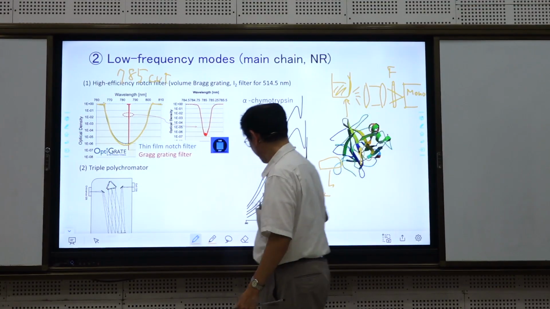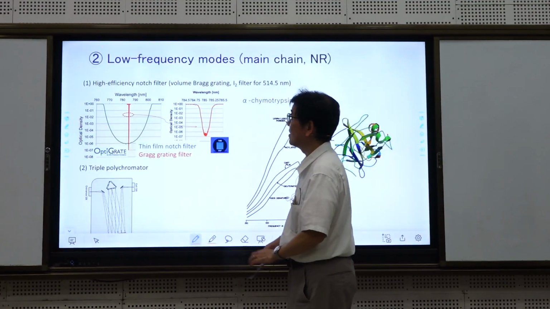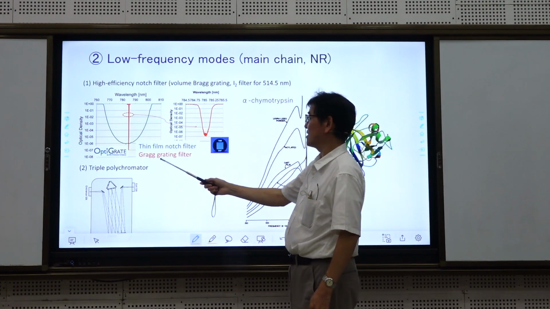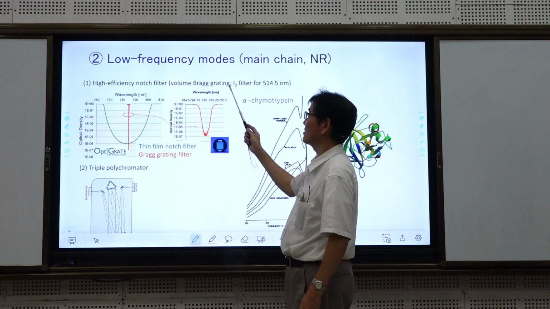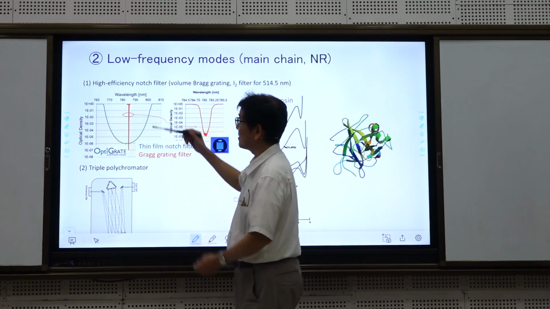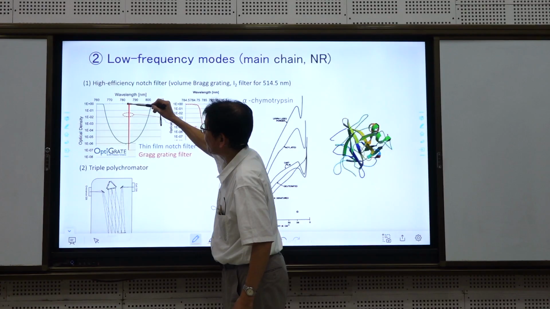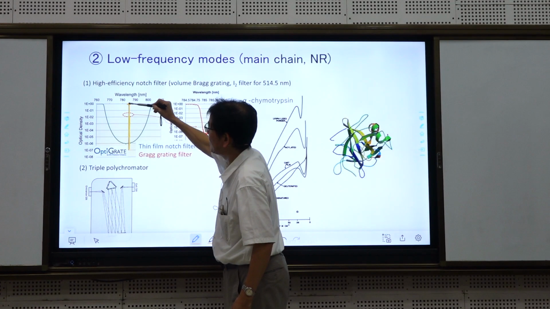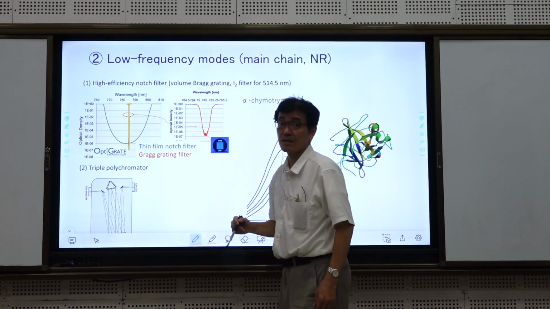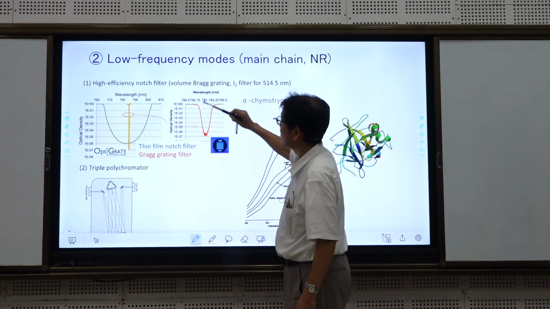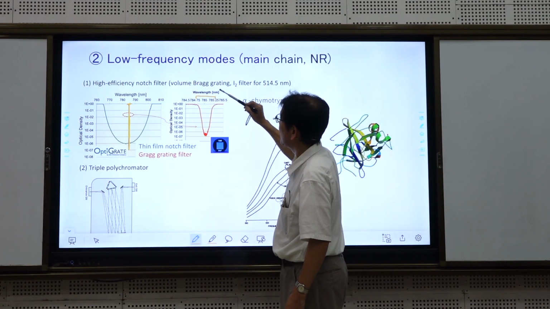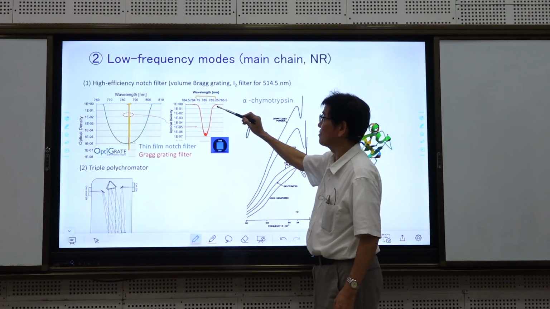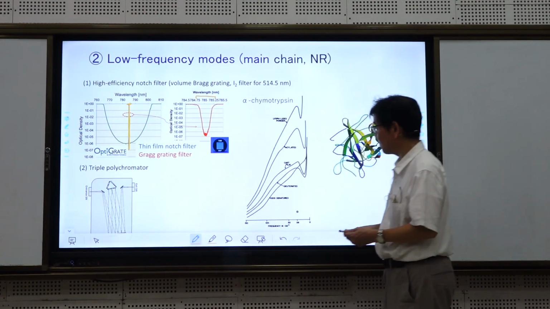Okay, not sharp. When we purchase a nice filter, so-called volume Bragg grating, then only 785 nanometer is cut. So the width is very narrow, plus minus 0.25 nanometer.